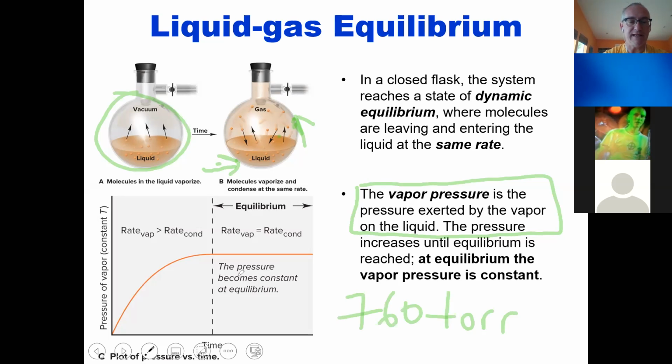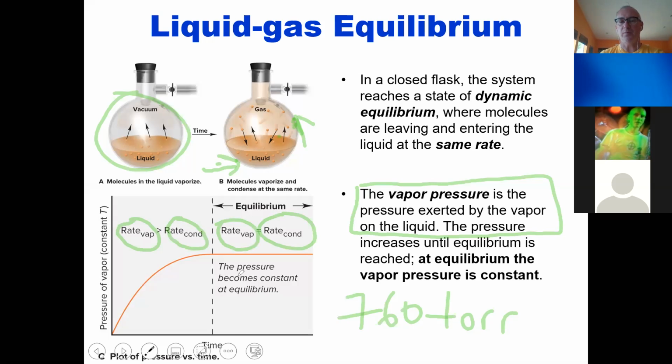But we can see that there is an equilibrium, and the rate of vaporization is going to be higher than the rate of condensation until that equilibrium takes place. And so once we're at equilibrium, vaporization and condensation take place at exactly the same rate, and so the vapor pressure does not change.